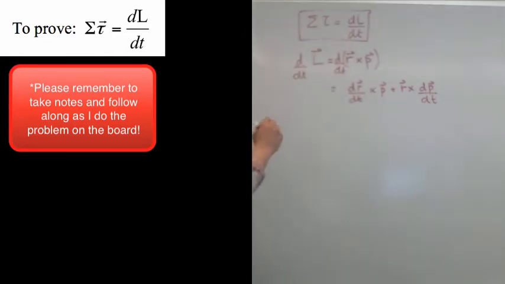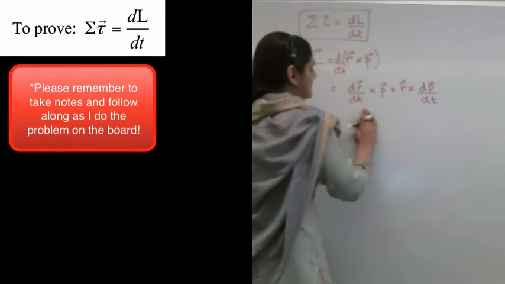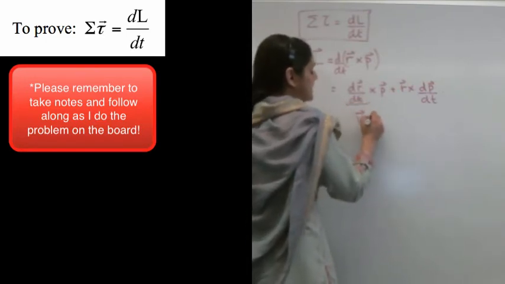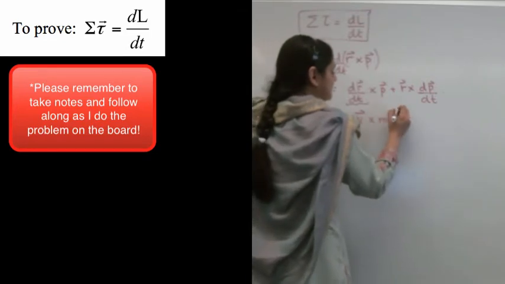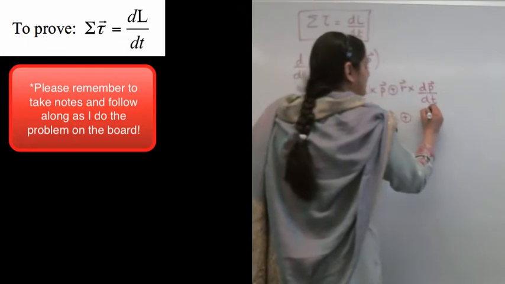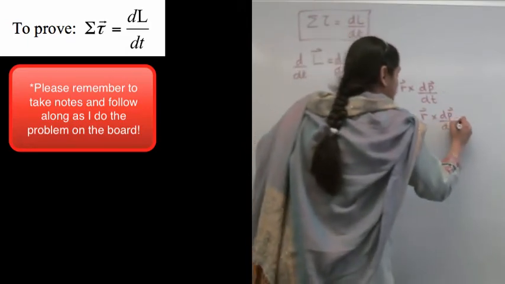What is momentum? Momentum can also be written as mass times velocity, mv. So this becomes dr over dt cross mv plus r cross dp over dt.